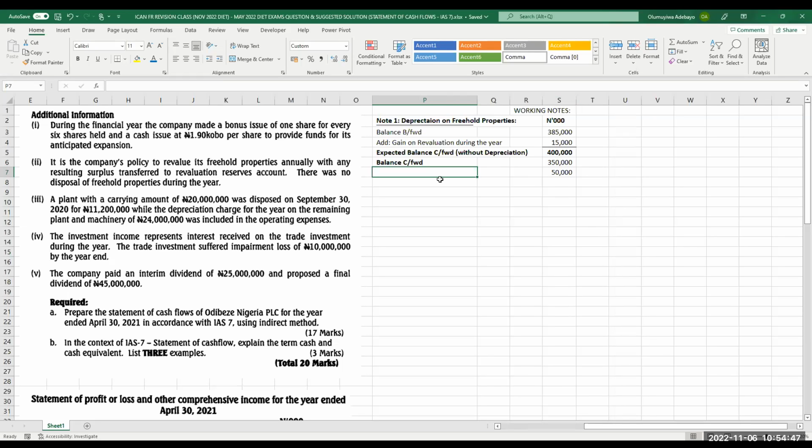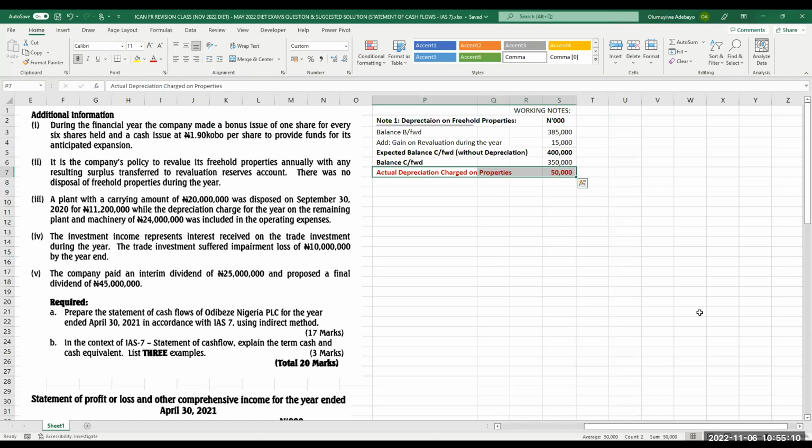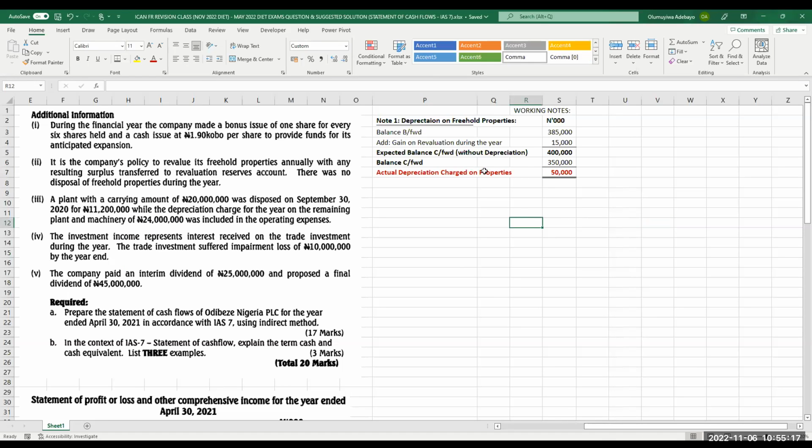Therefore, this is the actual depreciation on properties. Put it in red. Therefore, this is what I have as at the end of the year as our depreciation charge on property.